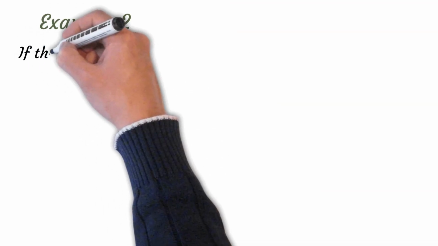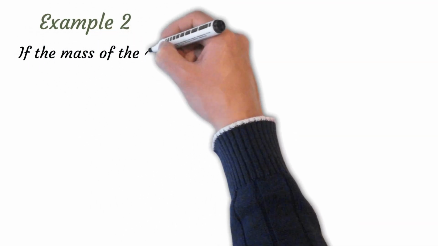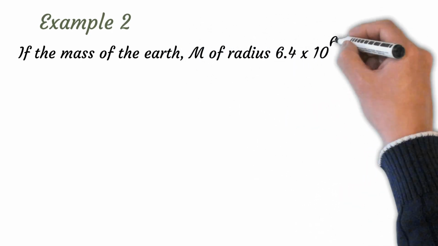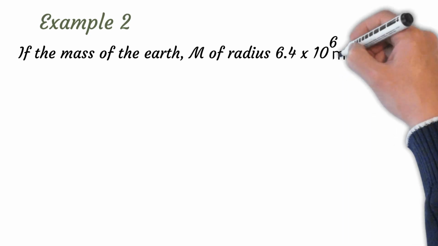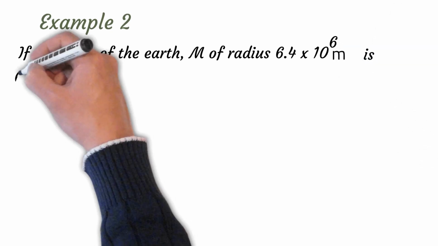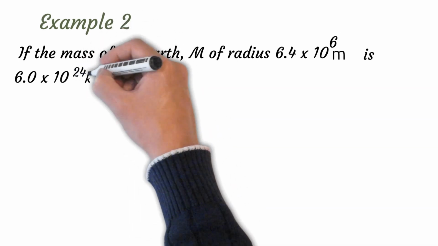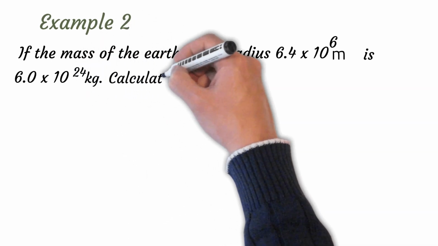Now the second example, example 2. The mass of the Earth, m, of radius 6.4 times 10 to the power 6 meter is 6.0 times 10 to the power 24 kilogram.